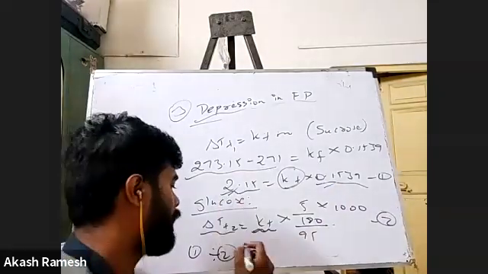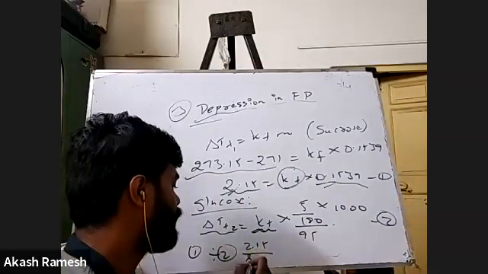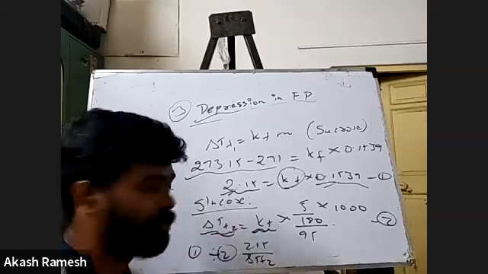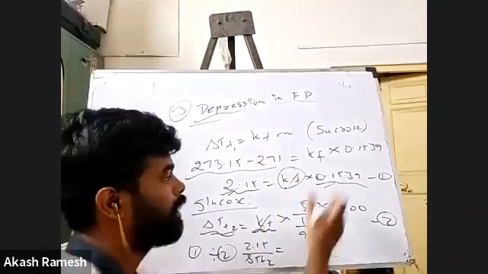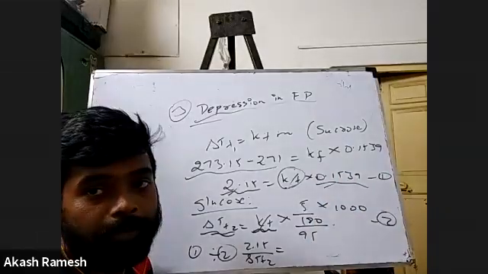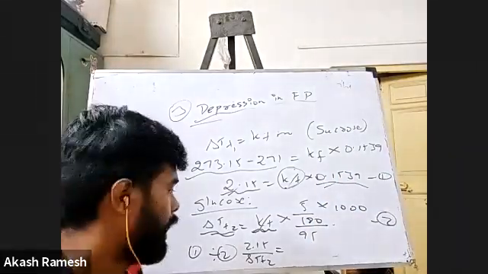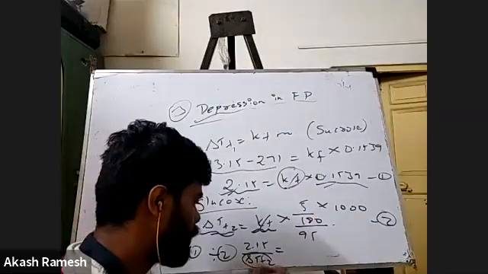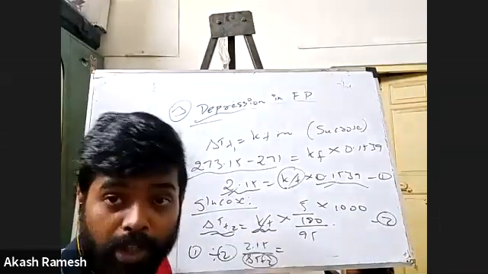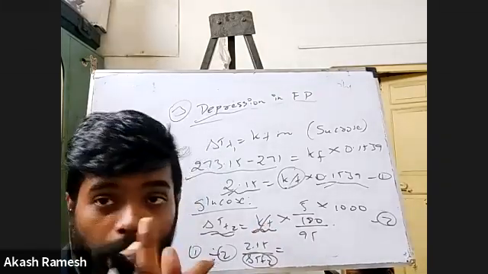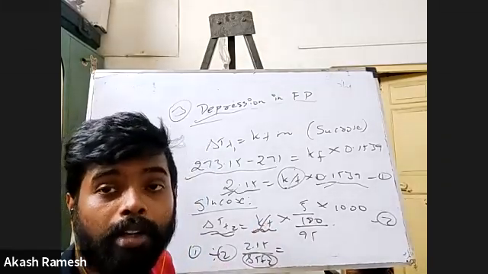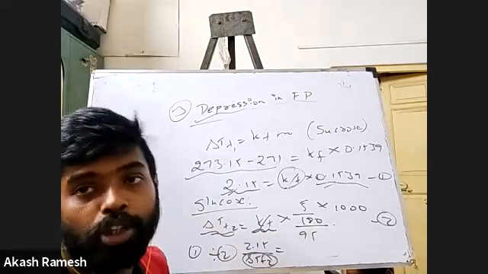Right? So you'll have 2.15 divided by delta Tf2 is equal to, Kf gets cancelled, this value divided by this value. With all the values known, you will be able to find the depression in freezing point. They're not asking you the depression in freezing point. They're asking you what is the freezing point of the solution.